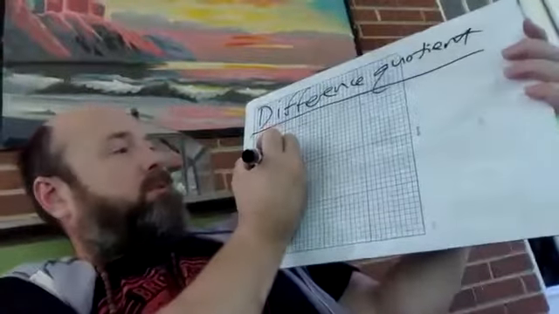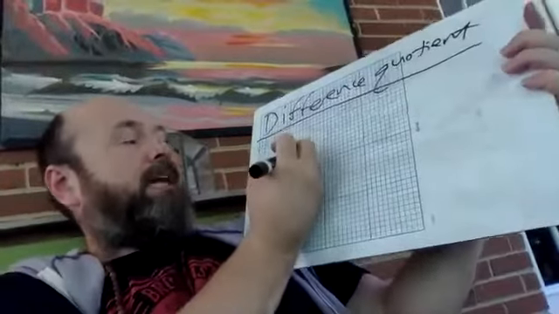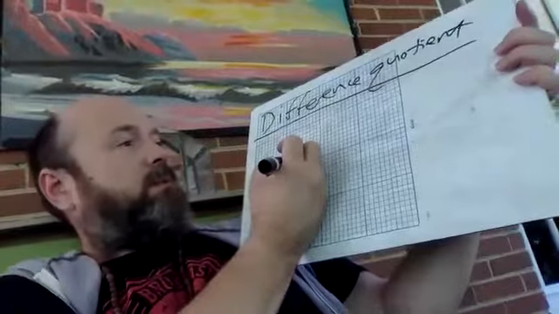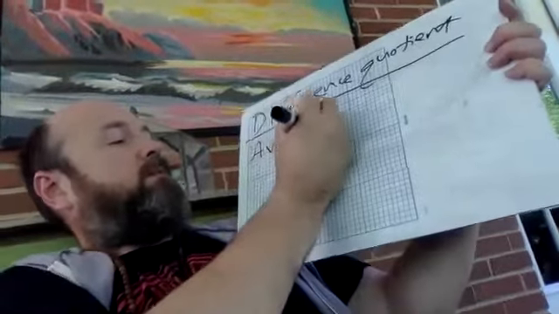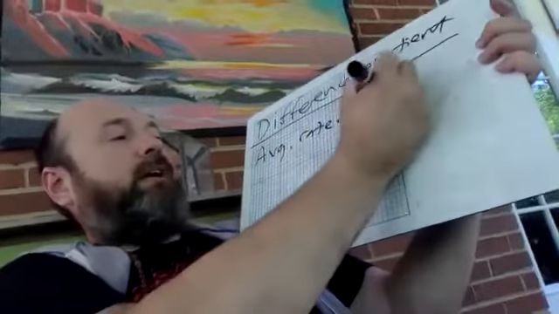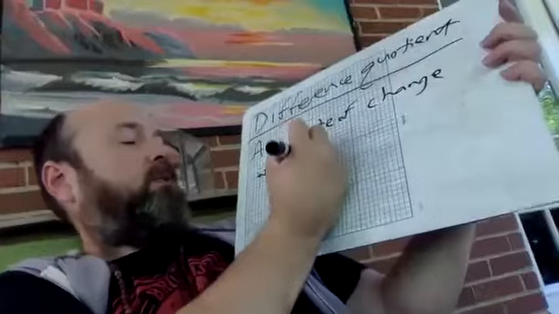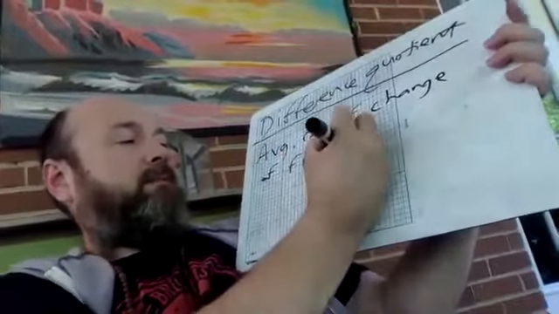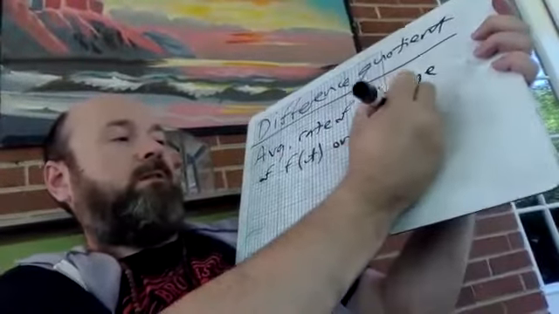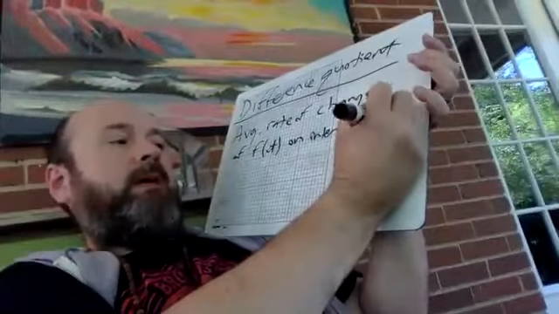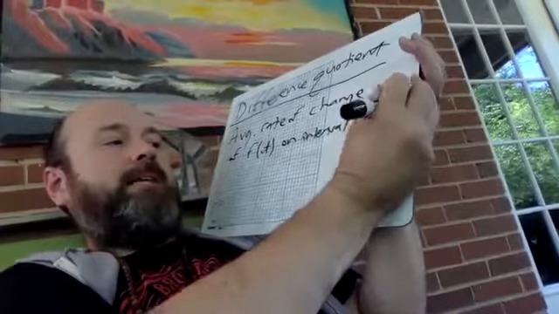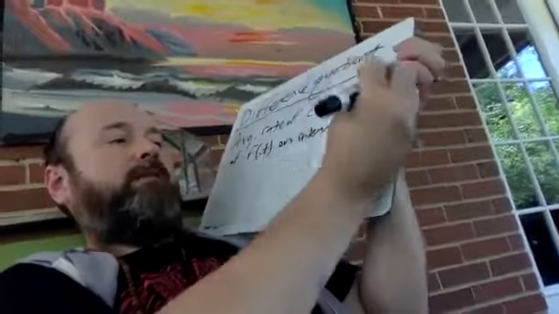The difference quotient of a function f of x is the average rate of change of f of x, or of f of t, let's say, on the interval a to x.